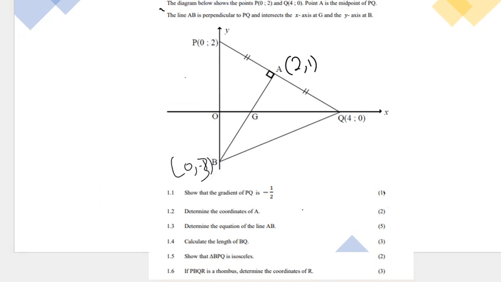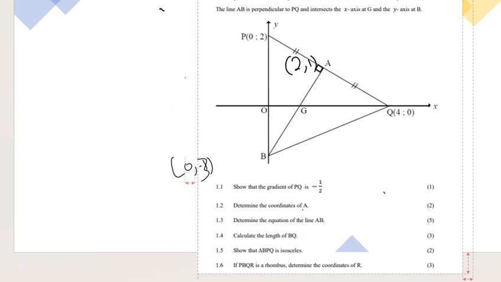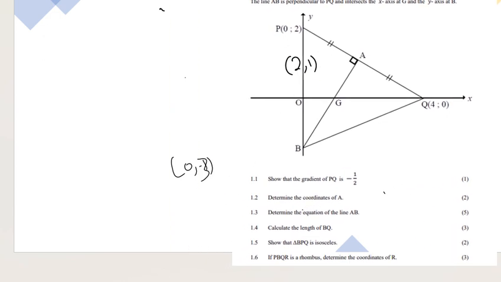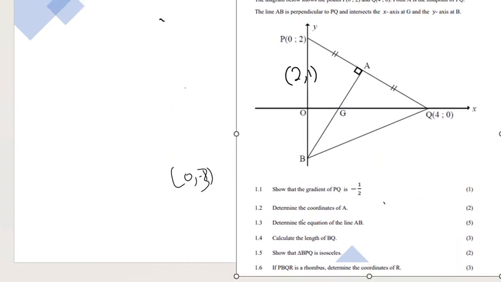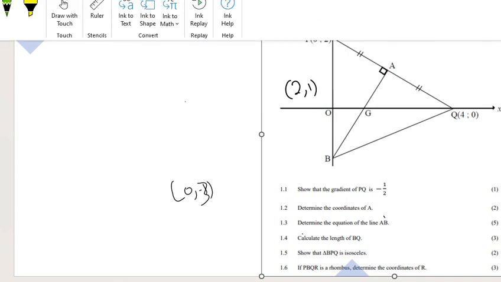Now they want us to show that, let me erase this part.